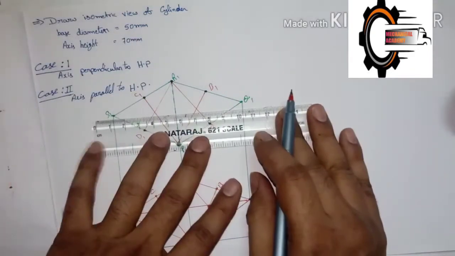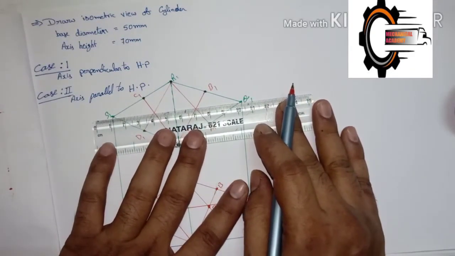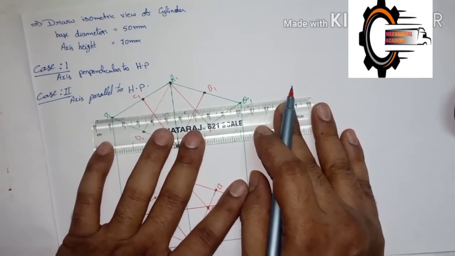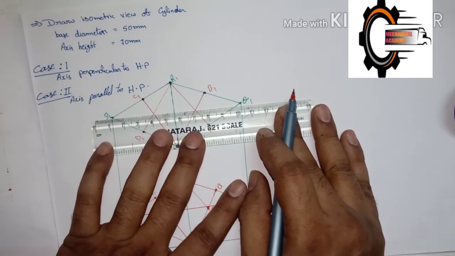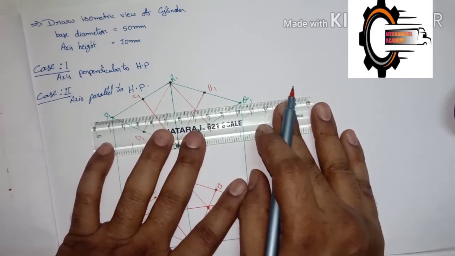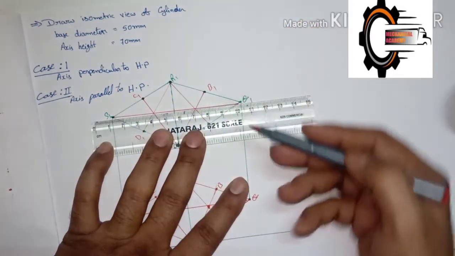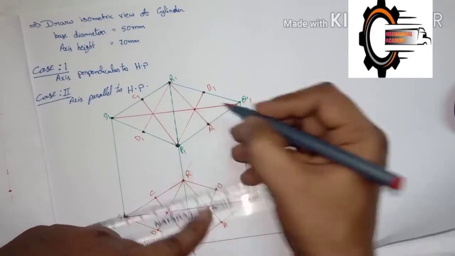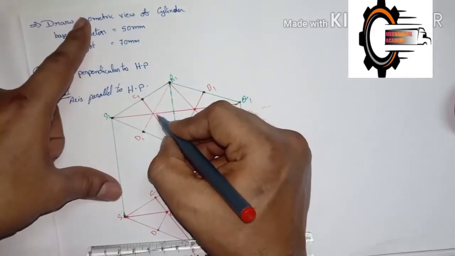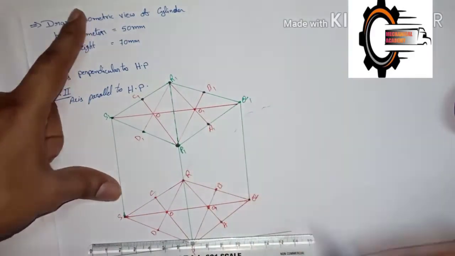Now I am drawing one diagonal line. This is the O and O1 again.